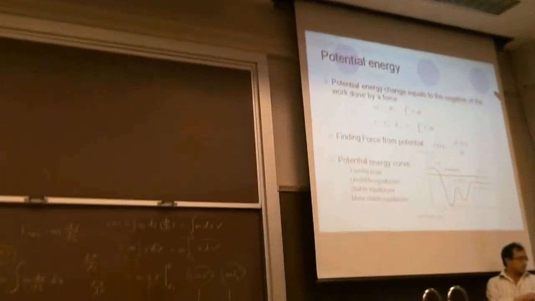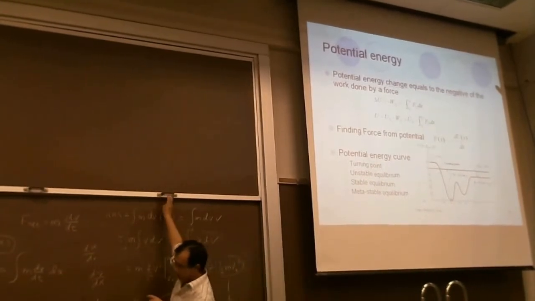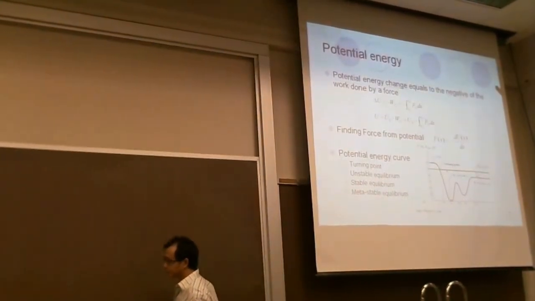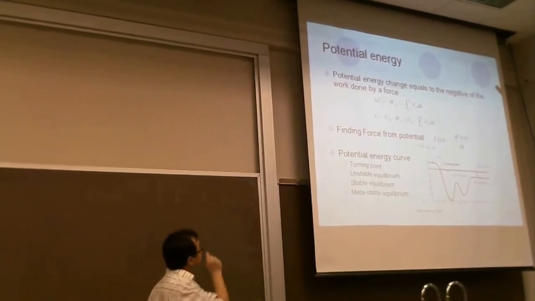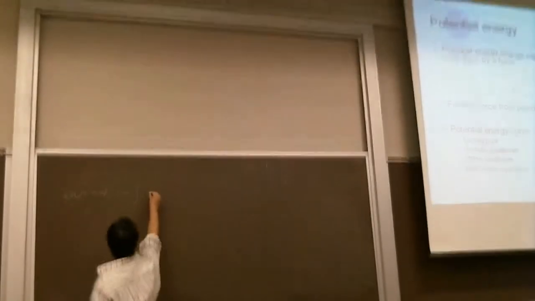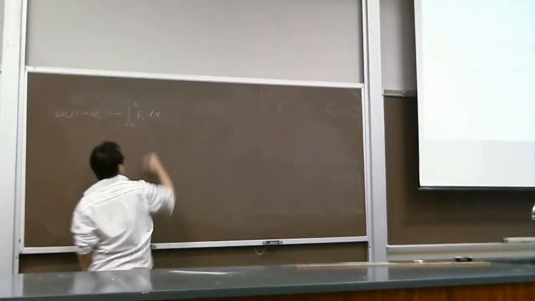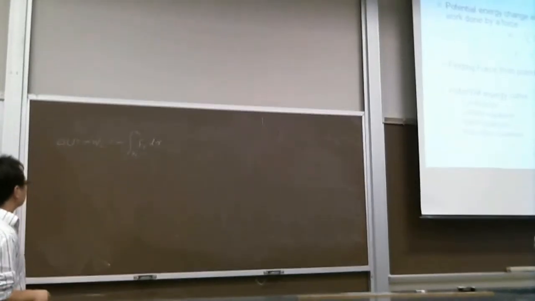Now let's look at something about the potential energy. We say that the potential energy is defined as negative Wc, the negative work done by some conservative force. Of course, if you have some force, Fc, you integrate from the initial position to the final position, dx.